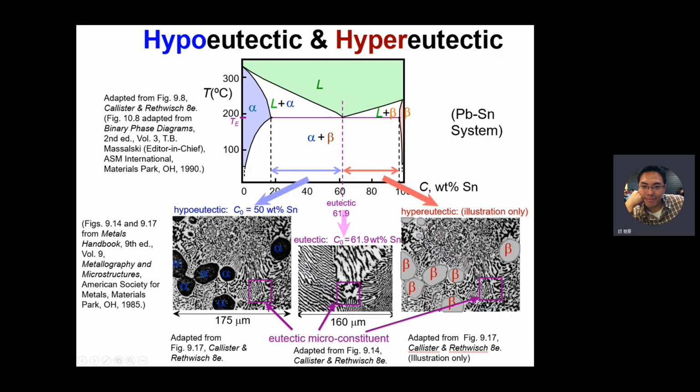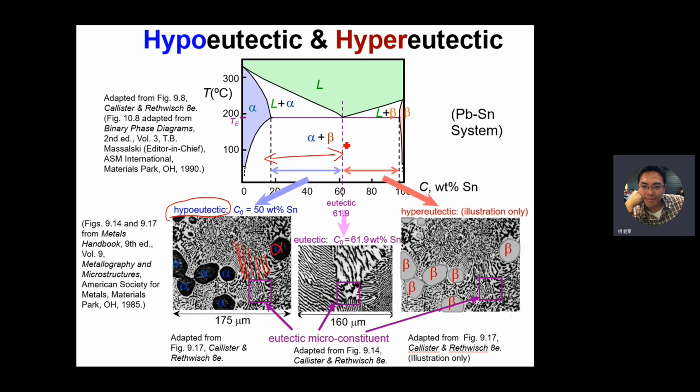So if we look through this microscope, we can observe that for this hypoeutectic, the structure is alpha core with the layer structure, right?